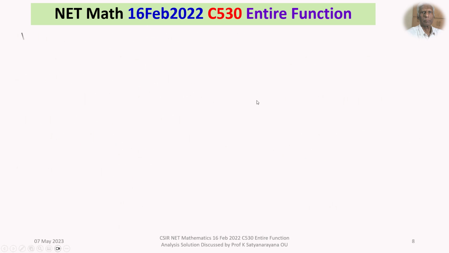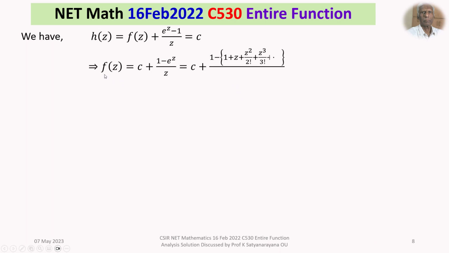We continue in the next slide. So that's what we have so far. Now f of z is equal to C plus (1 minus e power z) by z. Send this to the other side. So that is equal to C plus the numerator 1 minus, in brackets, the expansion of e power z, 1 plus z by 1 factorial plus z square by 2 factorial plus z cube by 3 factorial plus so on and so forth, whole divided by z.